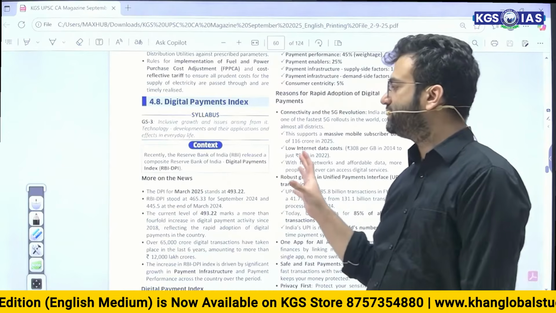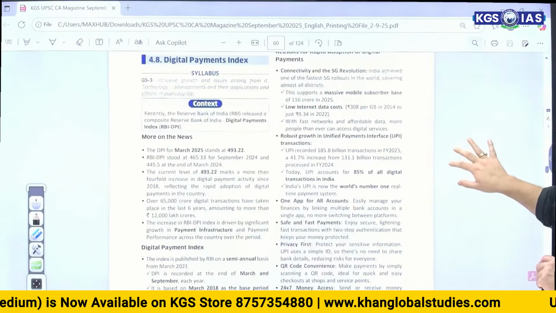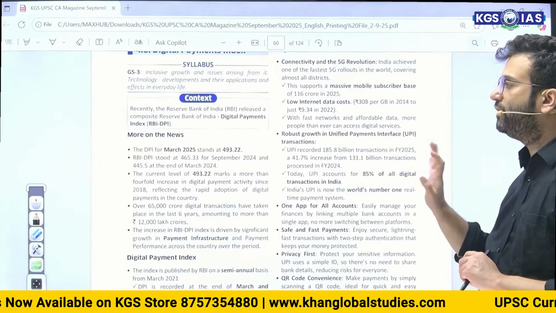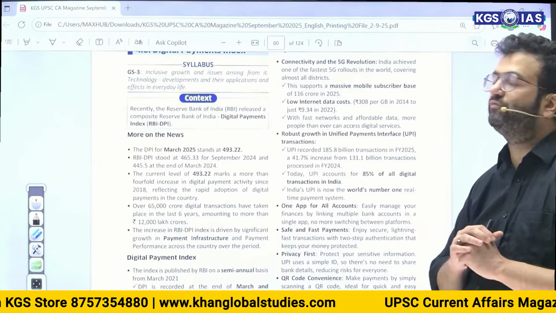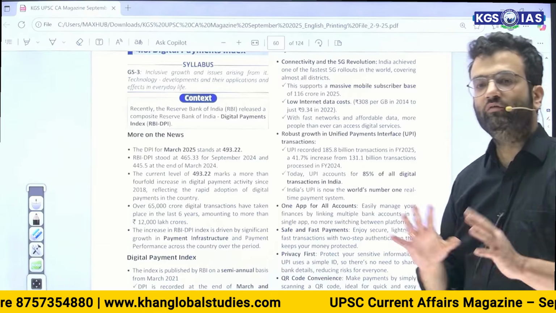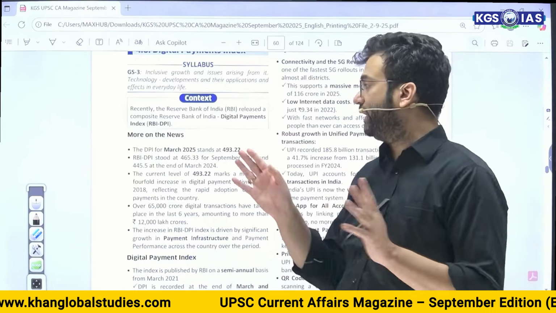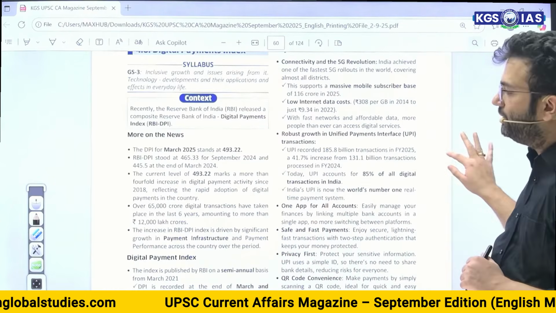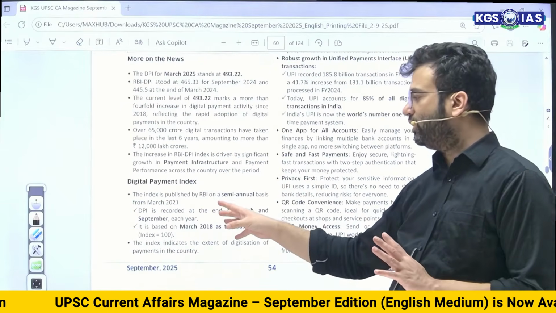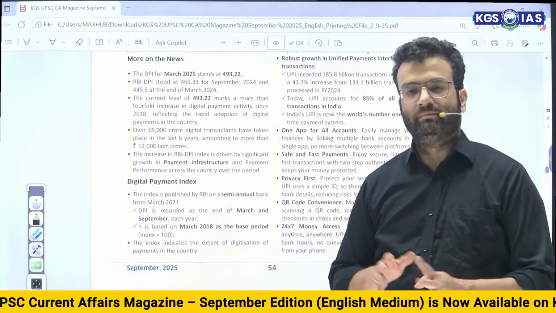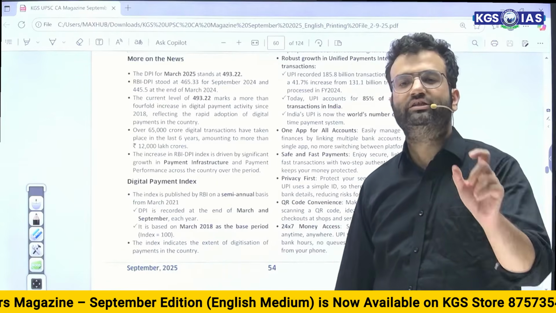So RBI is saying that we are releasing a digital payment index, and the score for March 2025 is 493.22. What does this score of 493.22 mean? This digital payment index was published by RBI with a base period of March 2018. मतलब यहाँ पर जो base period लिया गया है वो March 2018 का लिया गया, and that base period score is 100.